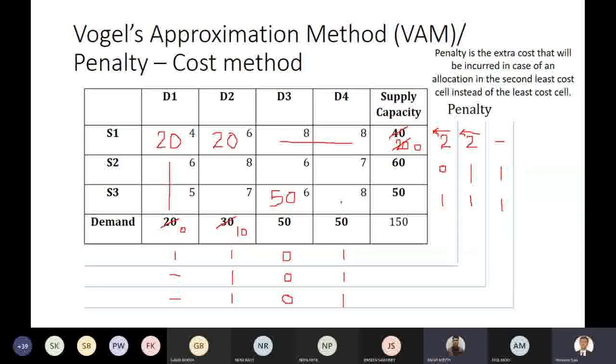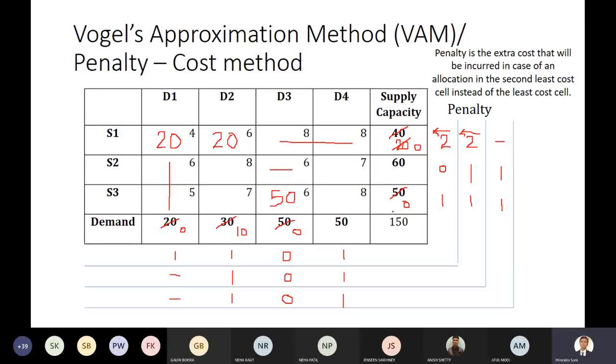So the minute I make an allocation here, the demand capacity reduces to 0 and no further allocation would be possible here, whereas the supply capacity of S3 has exhausted. And now we are left out with these two cells only.